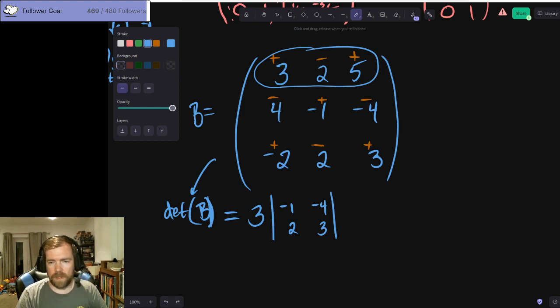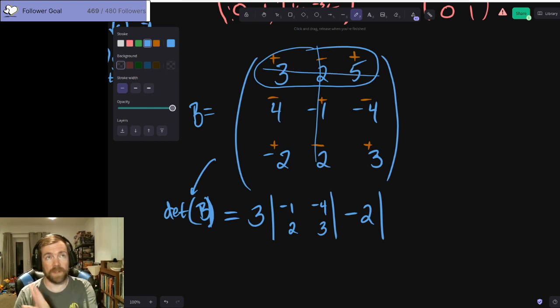Okay, and then we look over here and we notice that this is a -2. So we put a -2 in front of, again, the row, and cross out the row and column that the 2 belongs to. And then write in the remaining 4 items.